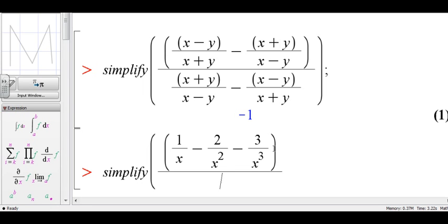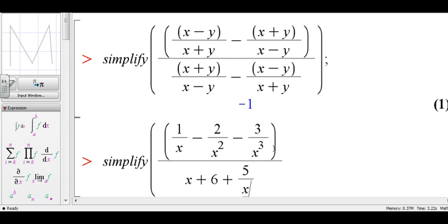Okay, so I got an x. I got a 5 over x. Okay, that looks good. Then I've got a minus sign. Close parentheses. 1 divided by x squared minus 9 divided by x to the 4.